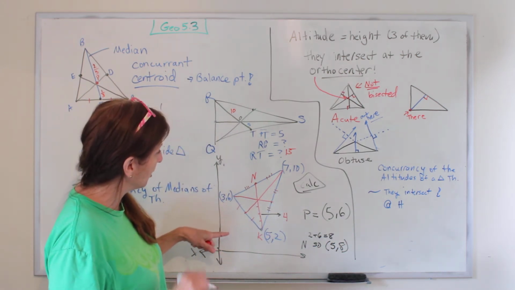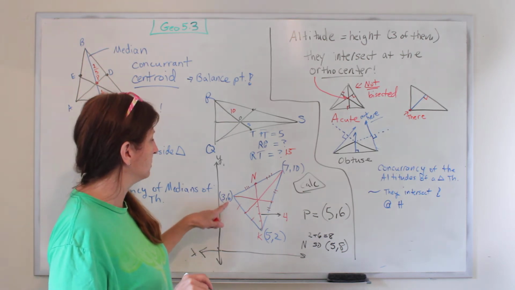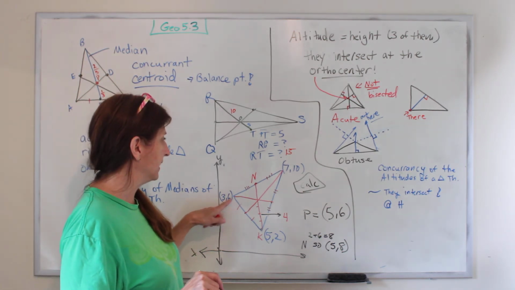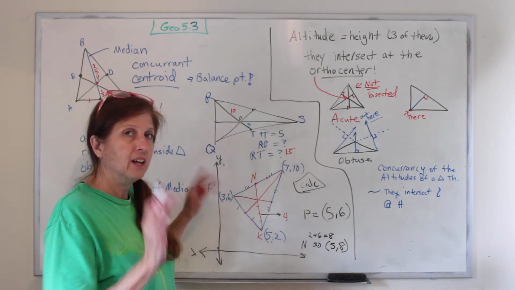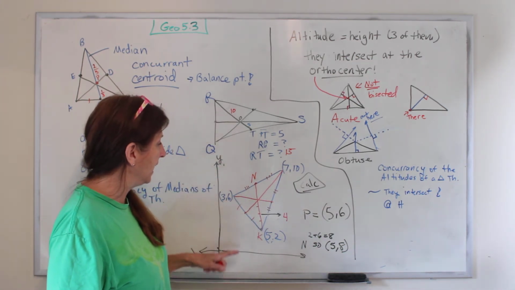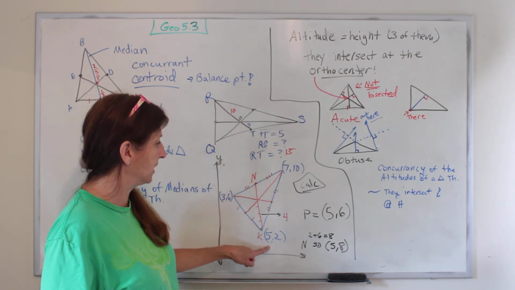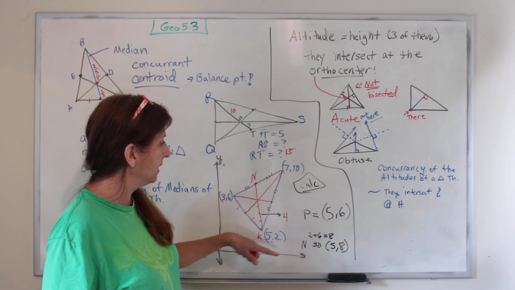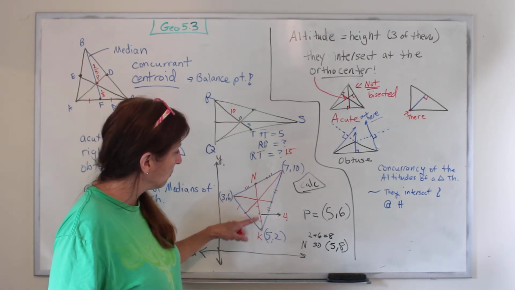All right, so here's another one. With this one, we have these points: (3, 6), (7, 10), (5, 2) on the coordinate plane. So we're graphing this, and we already know what the vertices are.